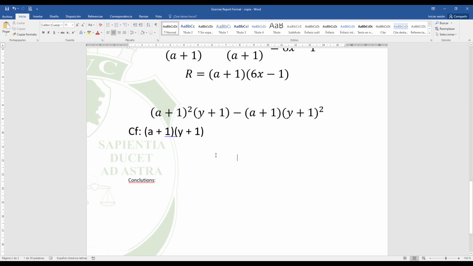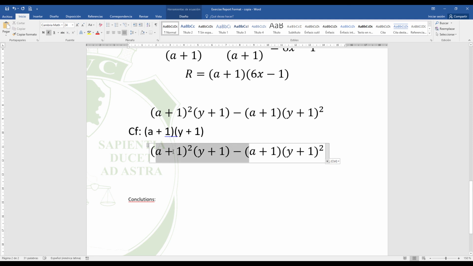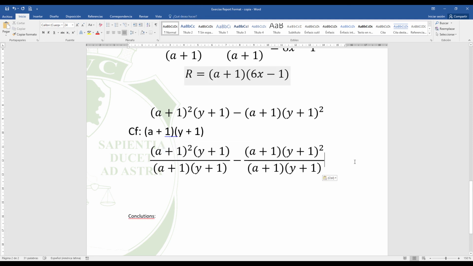So for that case, you need to divide by, yep, so the result is, in that case, you delete that exponent, and this is 1, and this is 1 again, and you eliminate that exponent, so this is y plus 1.